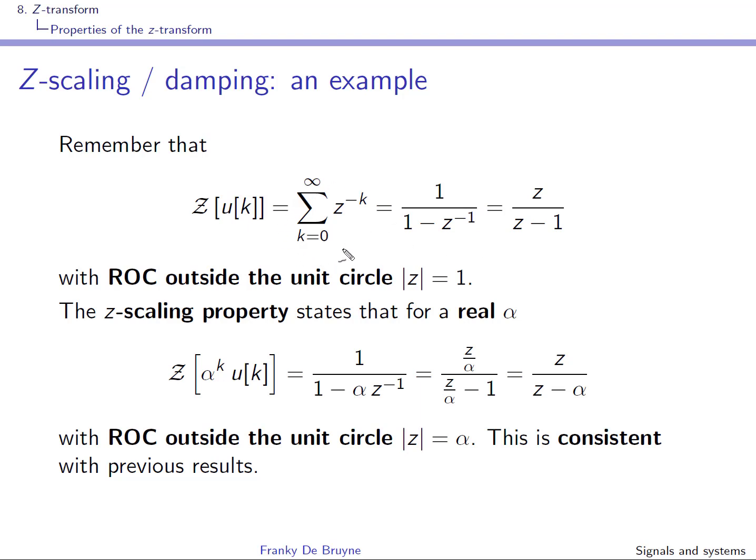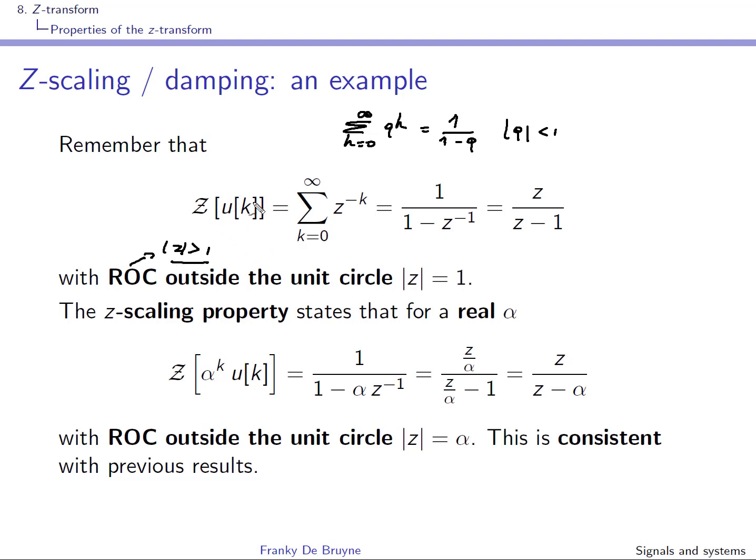This is simply obtained by the definition of the z transform, and remembering that the geometric series says that this sum over here is 1 over 1 minus q when the modulus of q is smaller than 1. So this is why the region of convergence is of course outside the unit circle, modulus of z larger than 1.